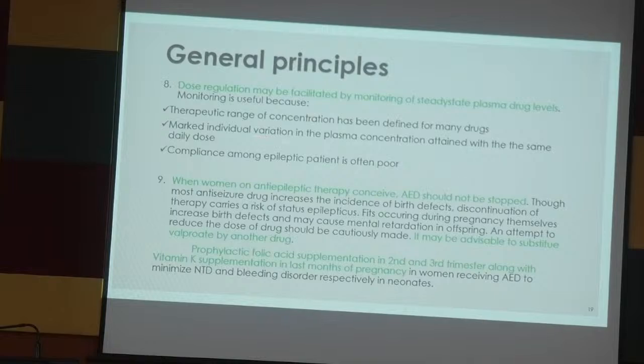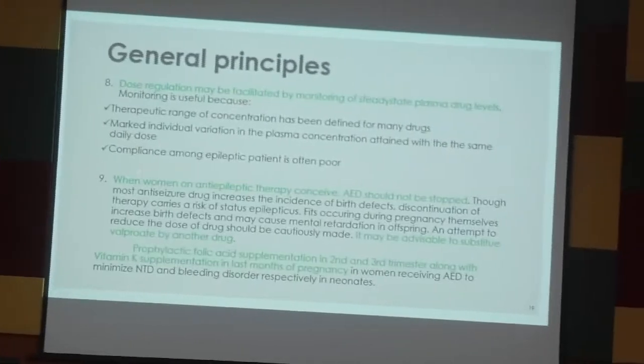There is marked inter-individual variation in plasma drug concentration with the same dose. After giving the same dose, the drug level in one person can differ from another. Compliance to the drug is also often poor. That is why therapeutic drug monitoring may be better.